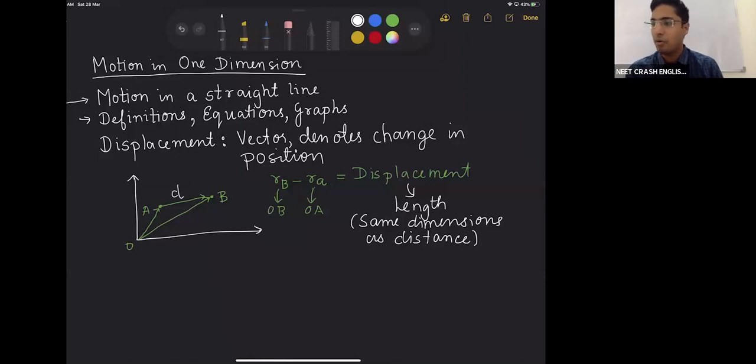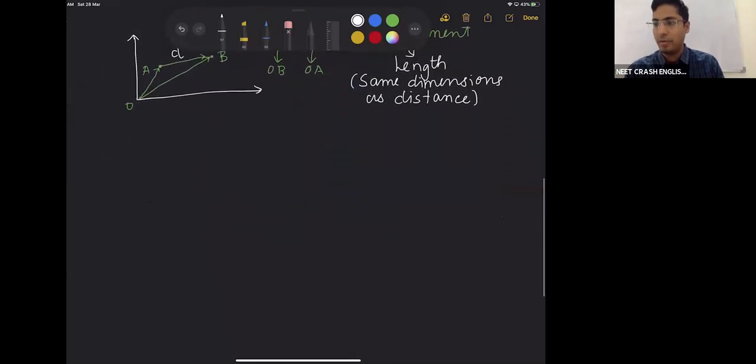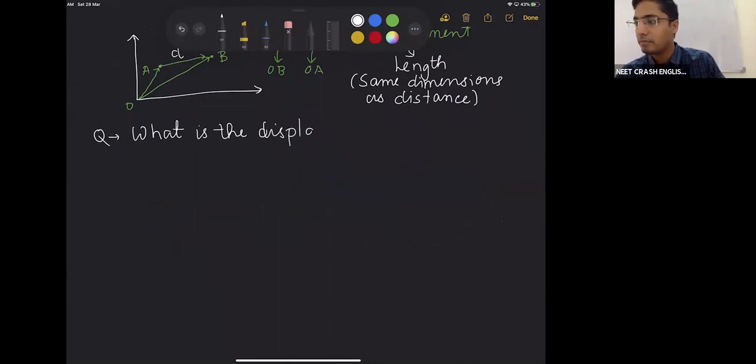Now, let me ask you a quick question to make sure that you understand the concept very clearly. What is the displacement of the object when it goes from A to B in the given figure?